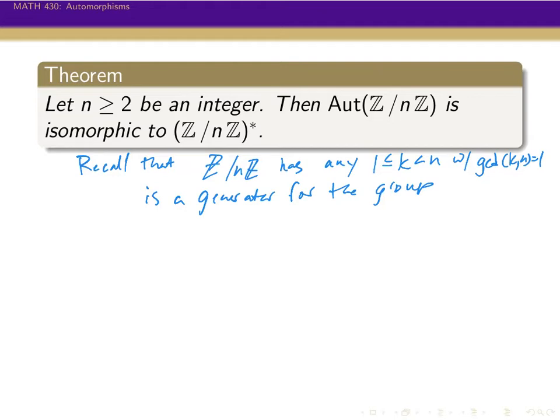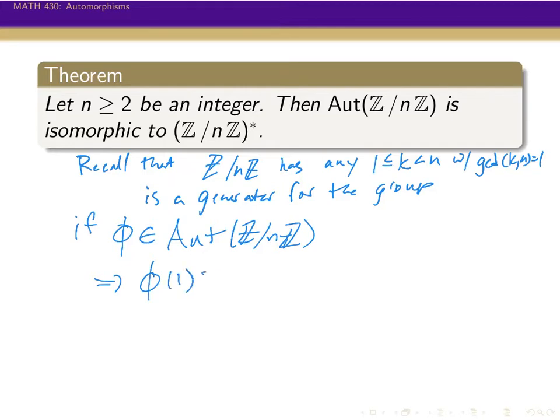And so what this means is that if phi is one of the automorphisms of Z mod nZ, then if we look at phi of 1, let's say 1 gets sent to k. Well, 1 is a generator, and by the rules of isomorphisms that we've talked about in previous videos, whatever it's sent to has to also be a generator.